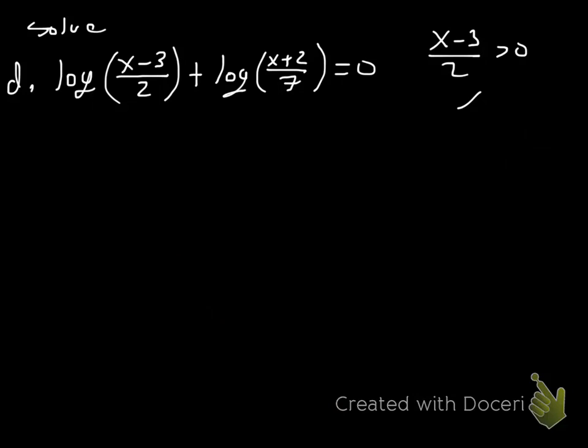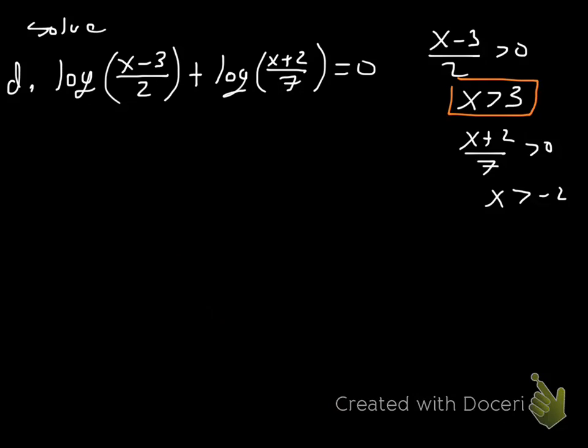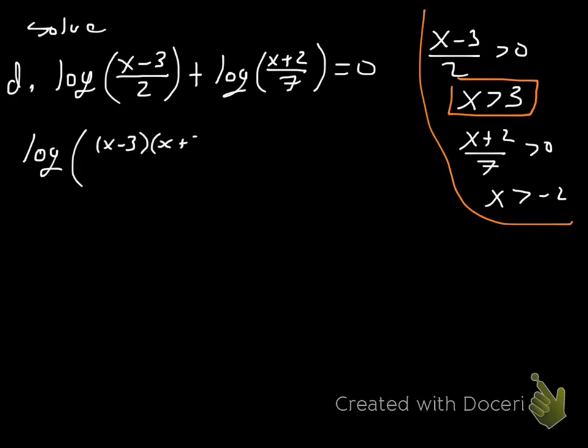So we just need the top to be positive, and that happens when x is greater than 3. Same argument for the other argument, and so we have the requirements that x is greater than 3 and x is greater than negative 2. The more restrictive of the two is x is greater than 3. So that's the one we're going to use. And then we're going to go ahead and combine our logs using the product rule.